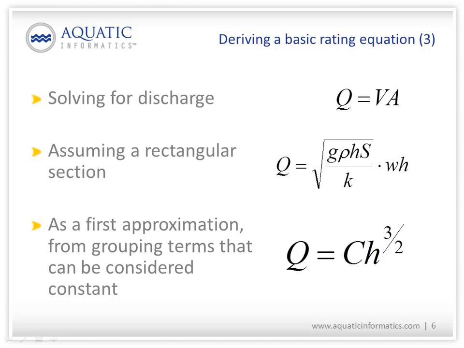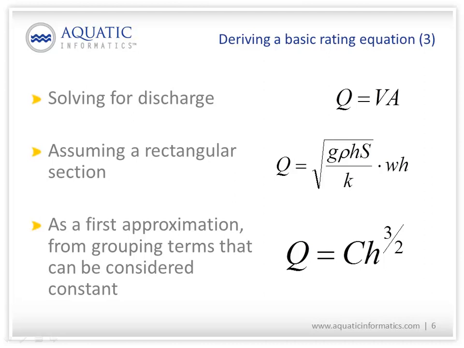If we assume a rectangular section, then width is going to be constant. Gravitational acceleration can be assumed to be constant, as can water density, channel slope, and the index of friction. You multiply all those together, you get a global constant we'll call C.